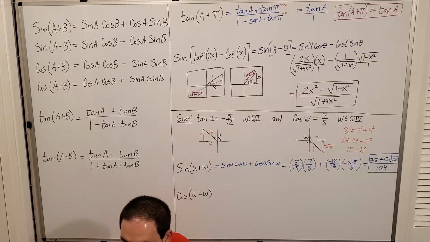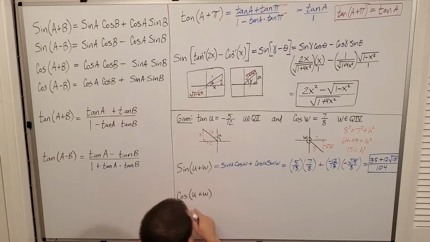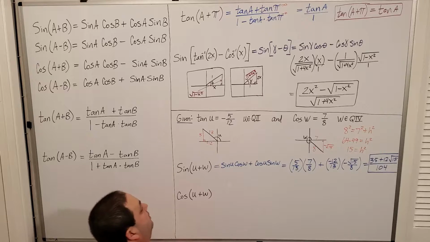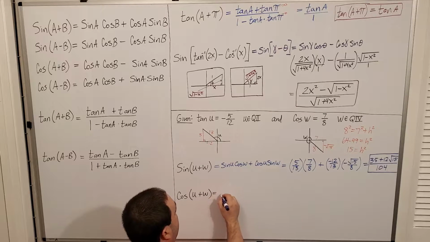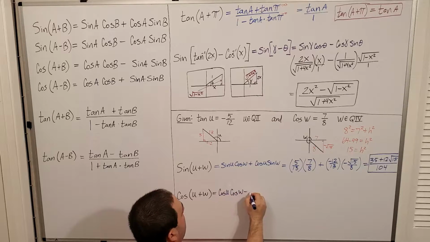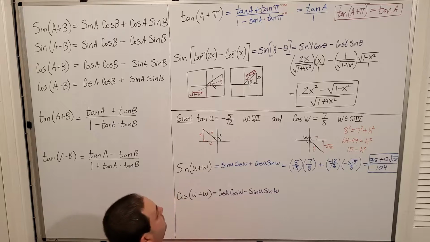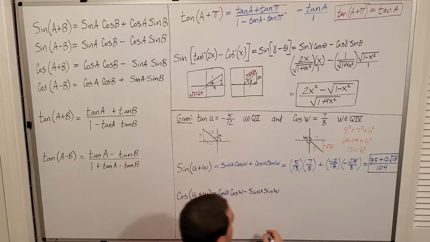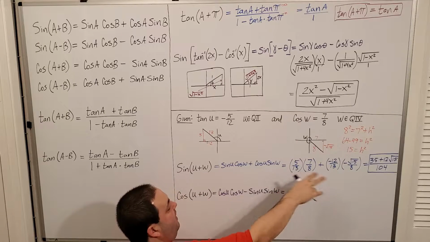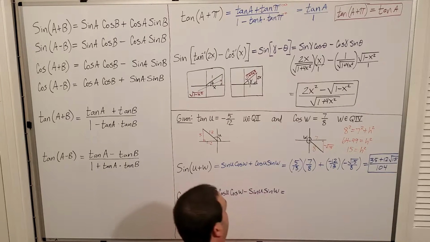Okay, next, the cosine of u plus w. It's a very similar idea, right? I'm using the cosine formula this time, cosine u, cosine w minus sine u, sine w, from up there, right? And this is the same values, I'm just putting them in a different order here now, right?